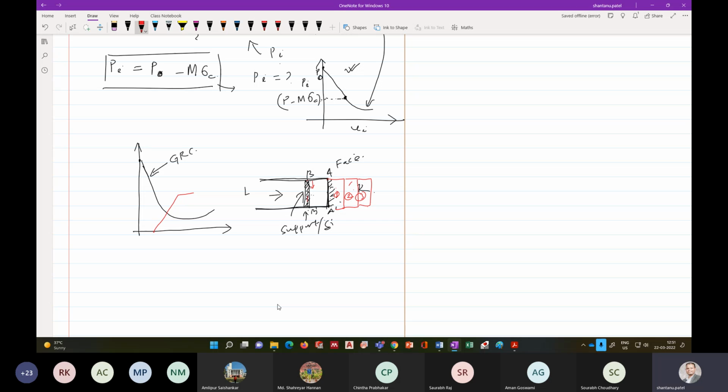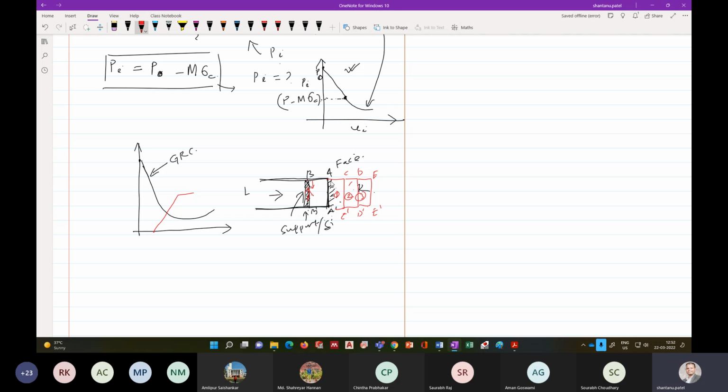Is this clear? Initially there will be no pressure given by the support when the face is at A dash. But let's say it moved to C dash, or D dash, or E dash, then gradually the load will come to this support. Is this clear? Yes, sir.